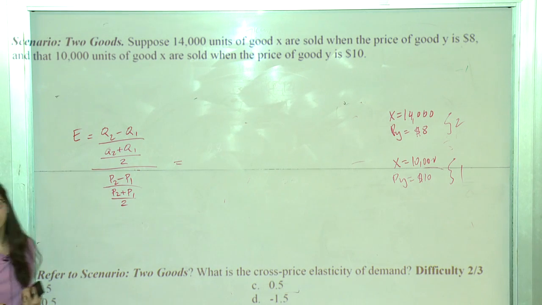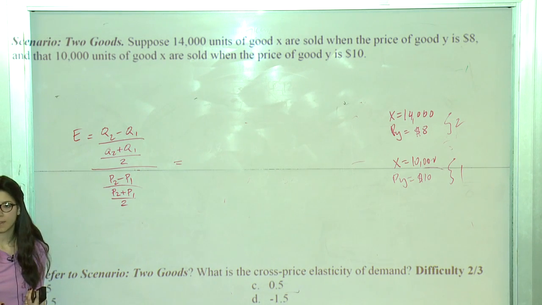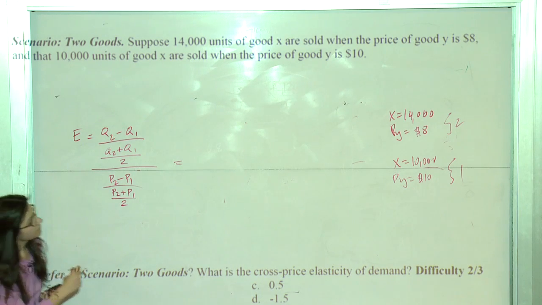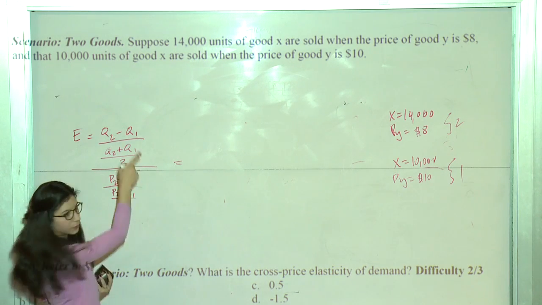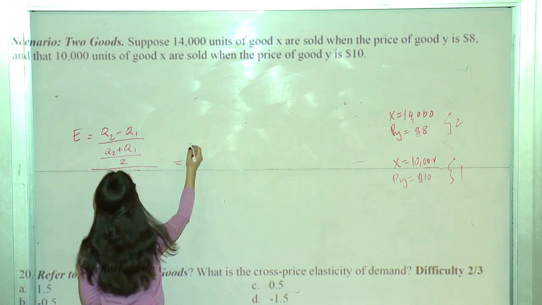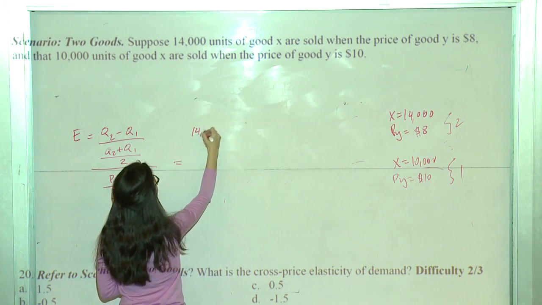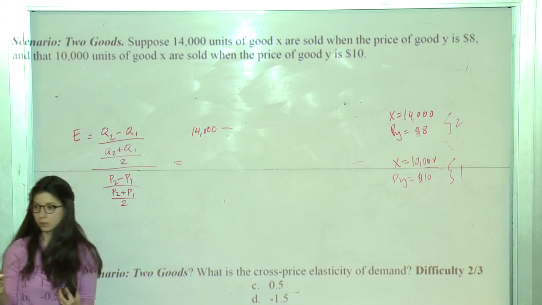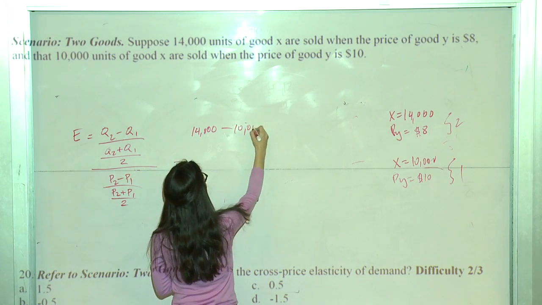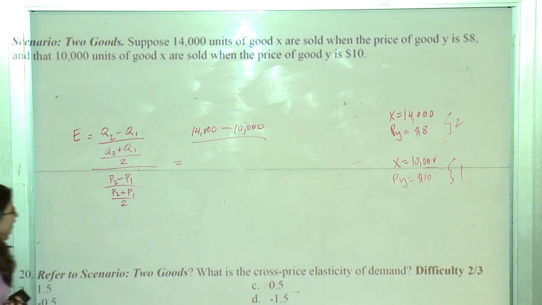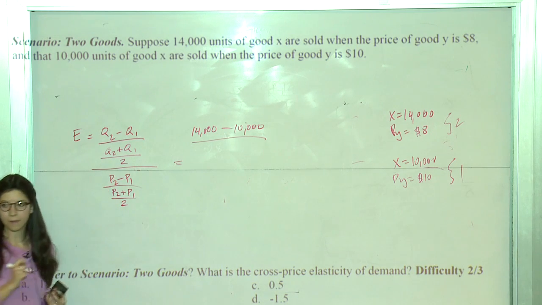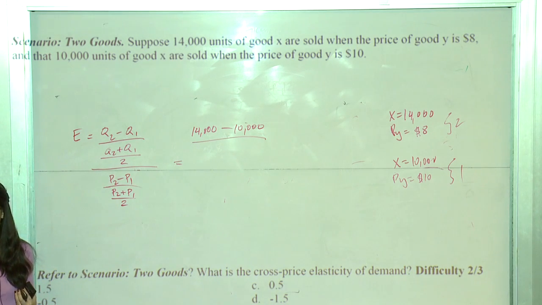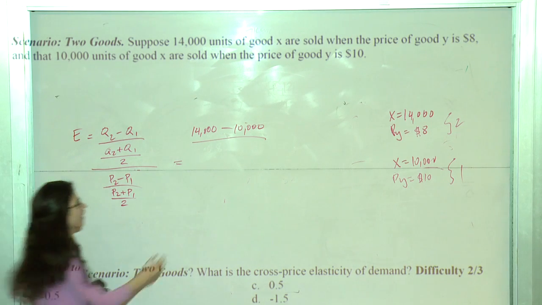So Q2 is what? Quantity of X? 14,000. We're using the first piece of information as 2. So we have 14,000 minus 10,000. And then we are dividing that by the midpoint, the average of the two quantities, which is 12,000.